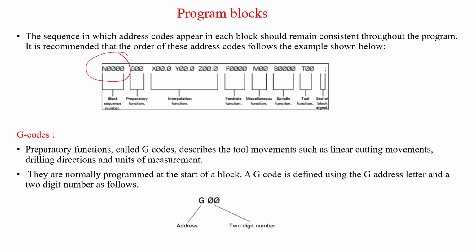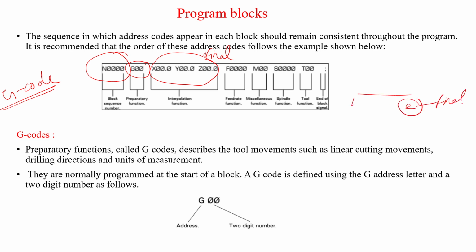It is not required as much. G is the G code, which is very important. We will see it next. Then X, Y, Z are the final position where the block has been reached. For example, you are going from 1 to 2, then you have to write this final position.